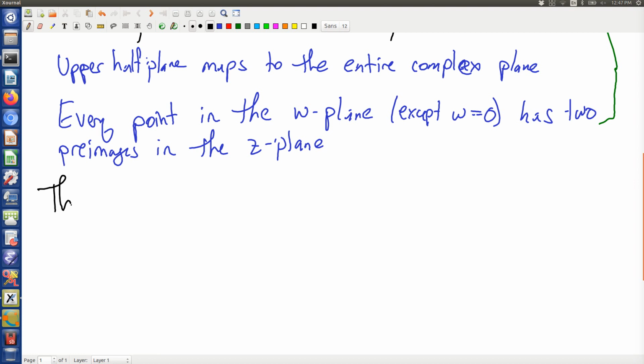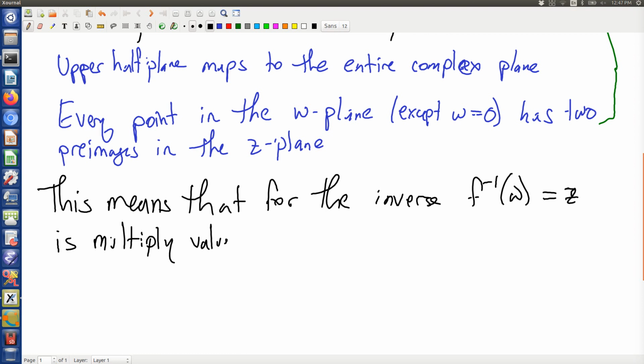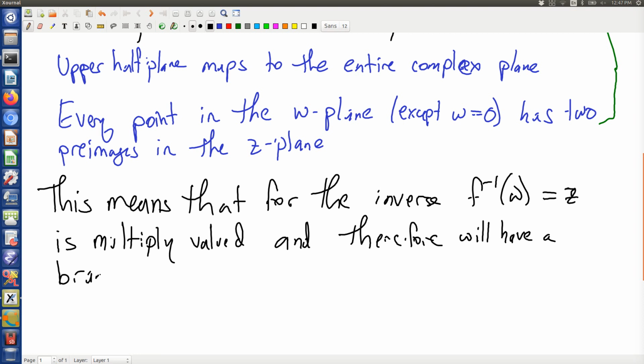This means that the inverse, f inverse of w equals z, is a multiple valued function, i.e. not really a function, but kind of like a function. It is multi-valued, and therefore will have a branch cut somewhere.